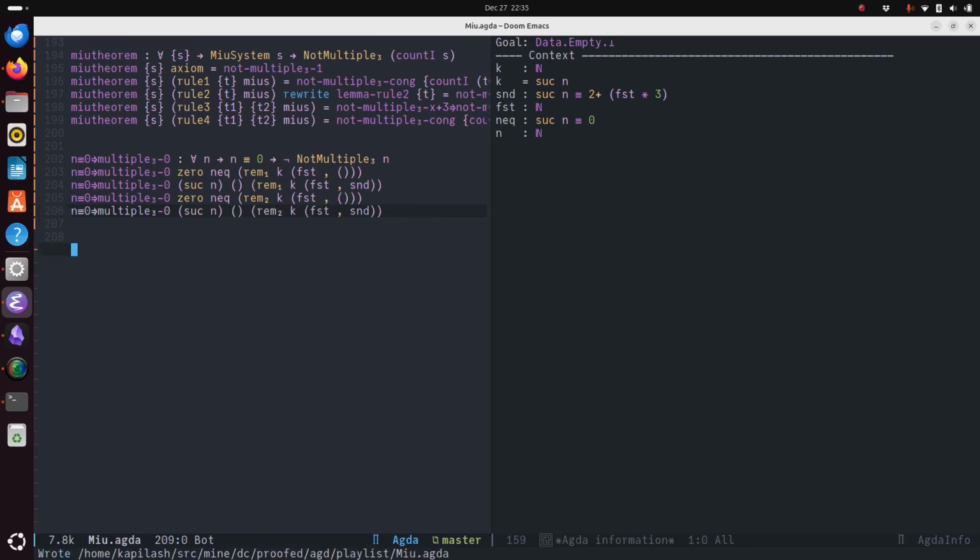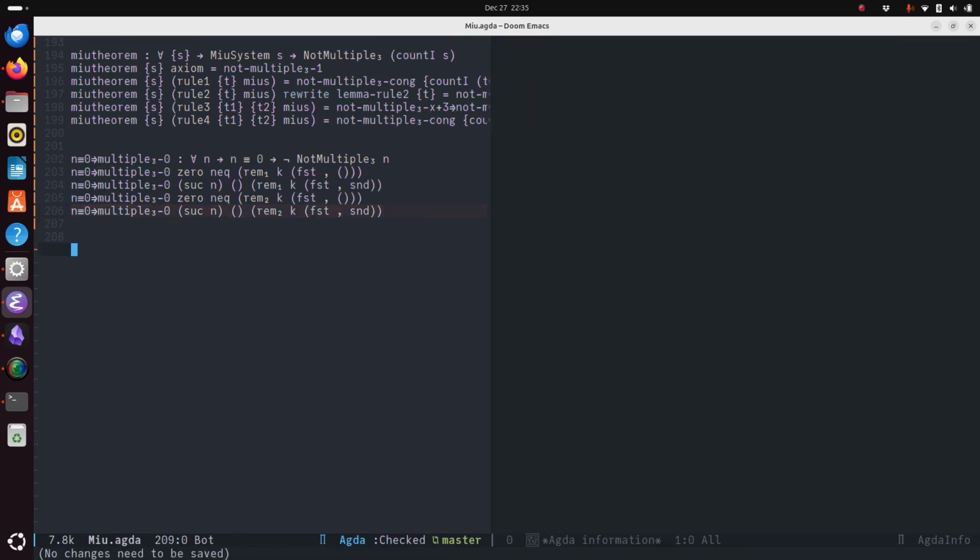Control C on N A Q. Yes. So we convinced Agda that 0 is not a multiple of 3.